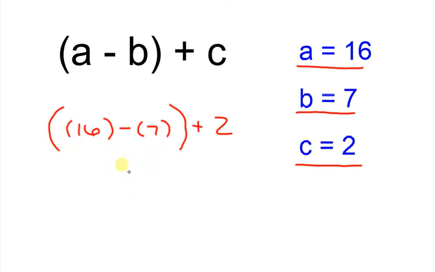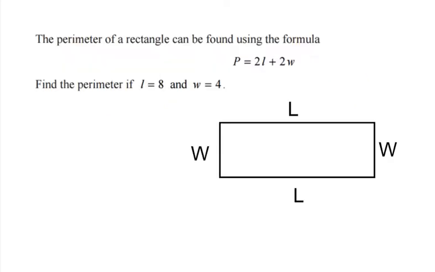So let's do our parentheses first. 16 minus 7, that's going to be 9, plus 2. And 9 plus 2 is 11. So it's really not hard to evaluate expressions using formulas, but the key is making sure that you're putting the values in correctly for each term.